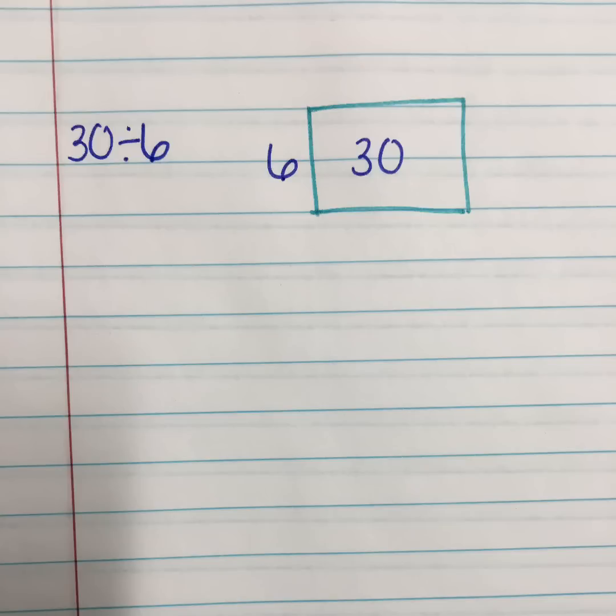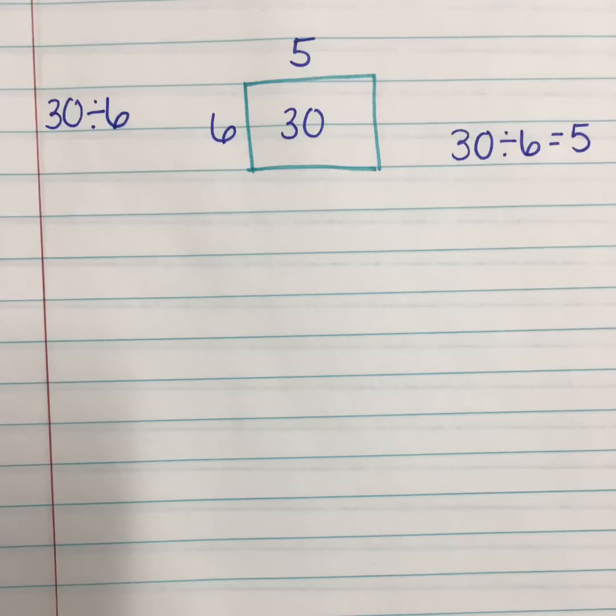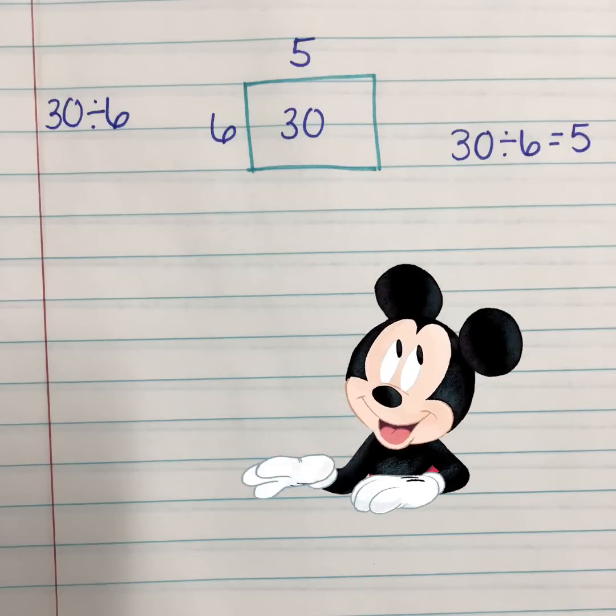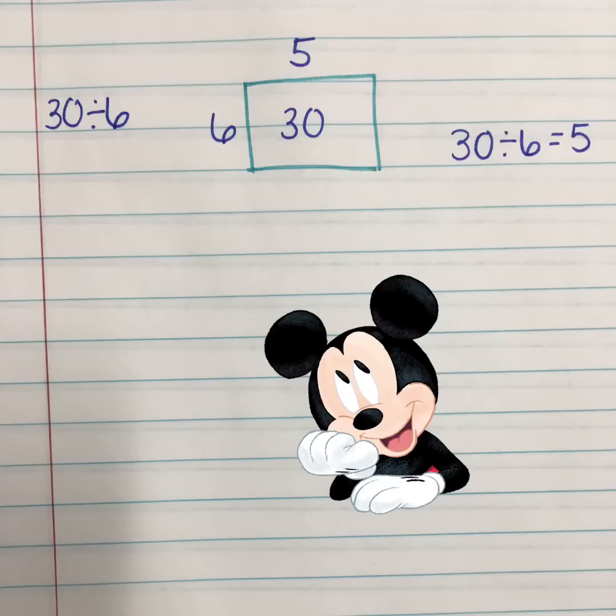That's what I have. 6 times some number equals 30. What is that? If you said 5, high five. I knew you could do it. Make sure you write your expression just like the one listed here.